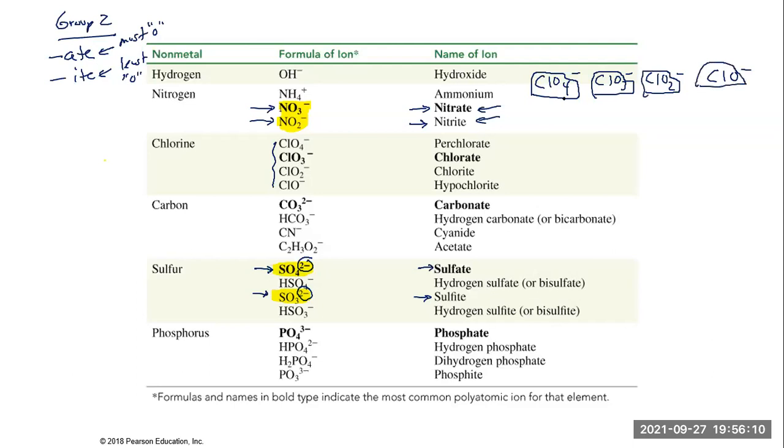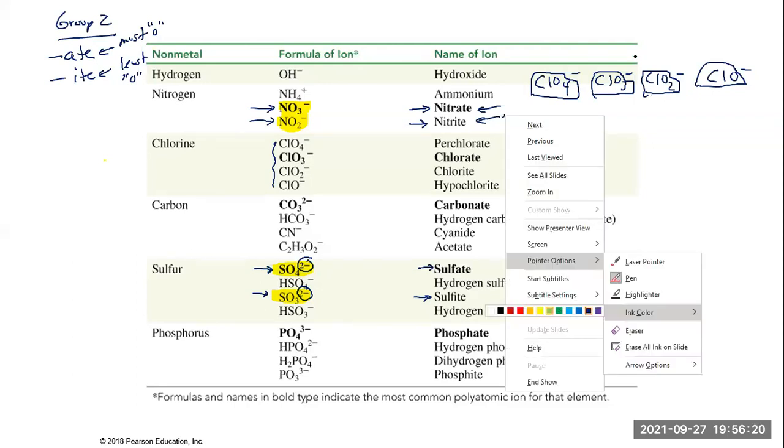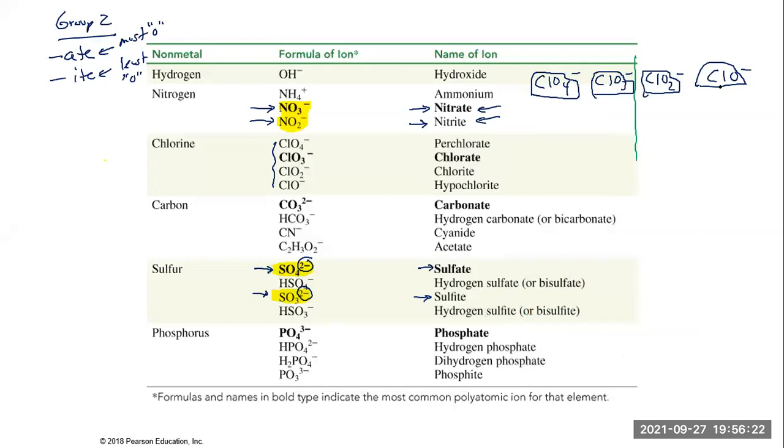The one on the left has 4 oxygens, the one on the right has 1. So in a group of 4 that's related to each other, you could break it in half right about here. If we look to the right, these have the least number of oxygens, which means they should end in ite. So this would be chlorite. This one over here would also be, let's write down here, chlorite.